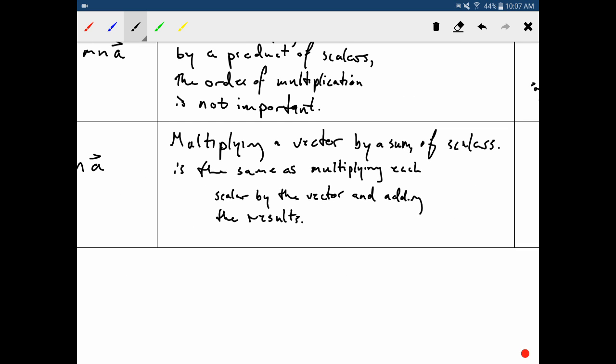Okay. Multiplying a vector by a sum of scalars is the same as multiplying each scalar by the vector and adding the results.